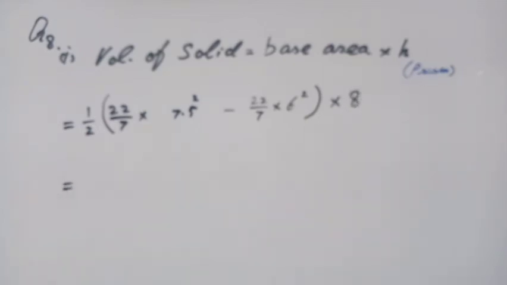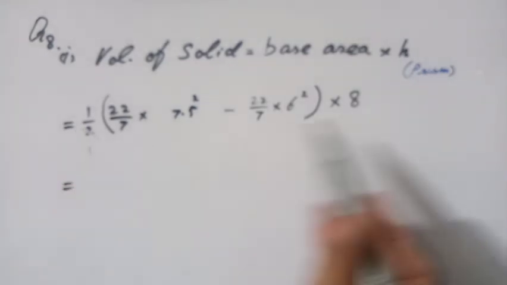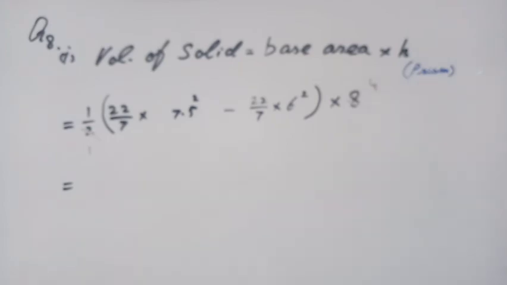Now this is equal to, this 1/2 is cancelable with this 8, 2 1 time, this 8 4 times. Now solve it. It is equal to 22/7 multiplied by 7.5 square.